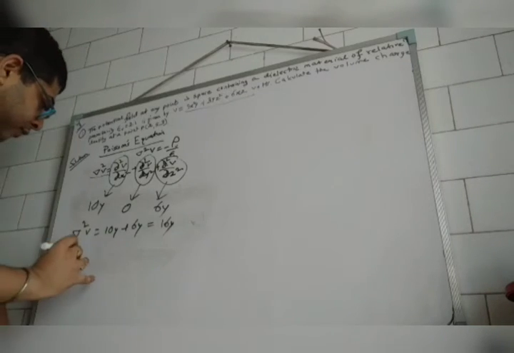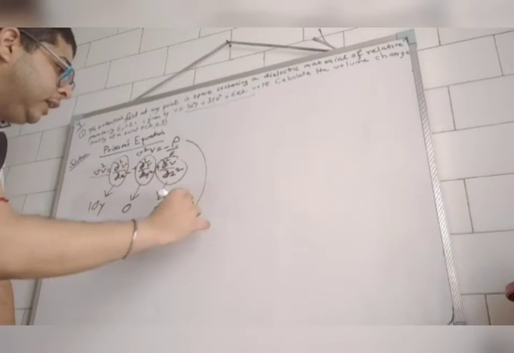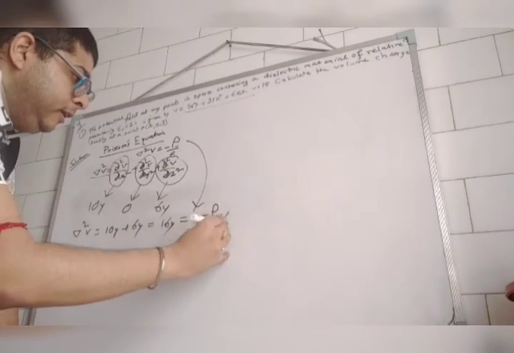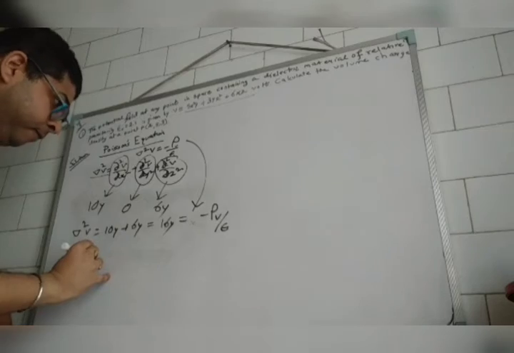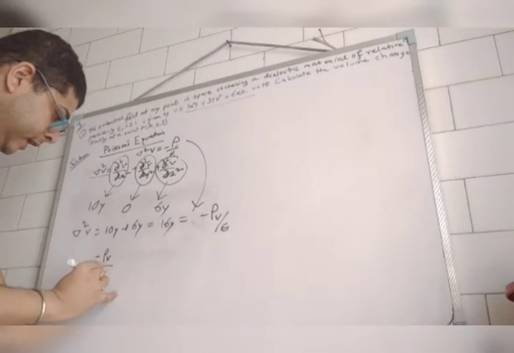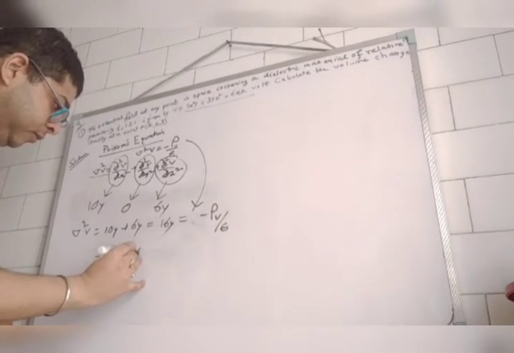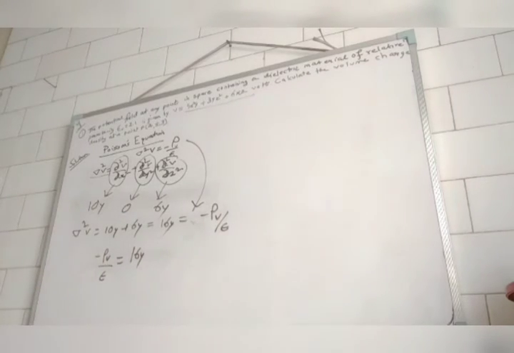And now this of course should be equal to minus rho V by the permittivity. So minus rho V by the permittivity is basically 16y. This is what we have.